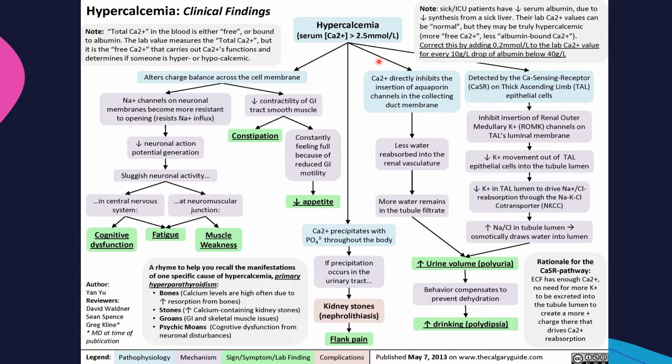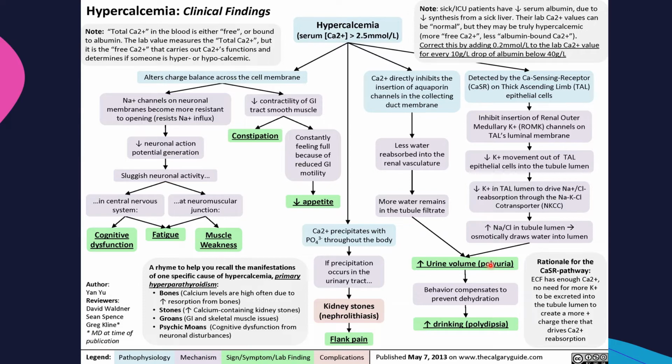Another function of calcium: it directly inhibits the insertion of aquaporin channels in the collecting duct, so less water is reabsorbed and more water remains in the tubule filtrate, which leads to increased urine volume. There's also decreased calcium sensing receptor activity on the thick ascending limb, which has a mechanism resulting also in polyuria.